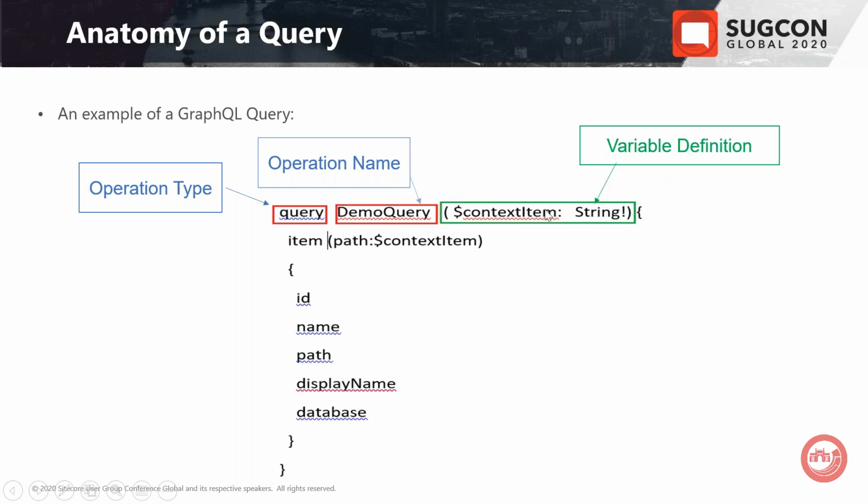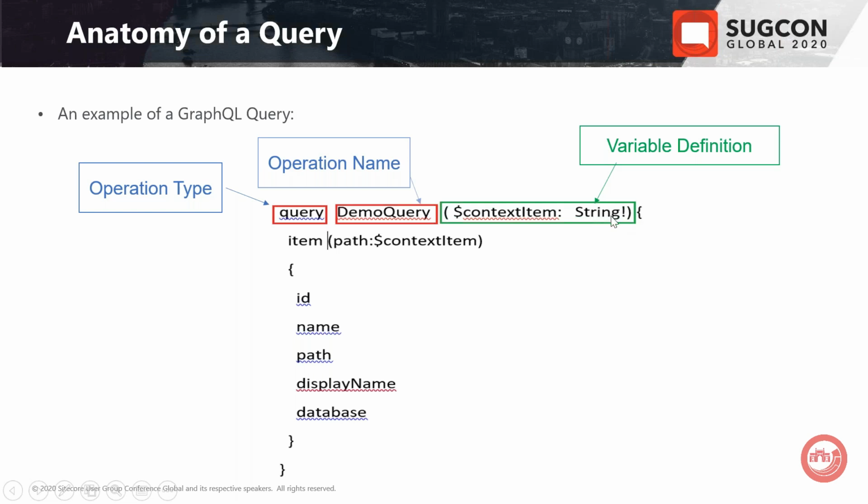Then there is the variable definition. You can define variables of different data types and pass them through your parameters. The format is a dollar symbol, then the variable name. Context item is the variable name, followed by the type the variable accepts. The exclamation mark means that this parameter is mandatory, not optional.